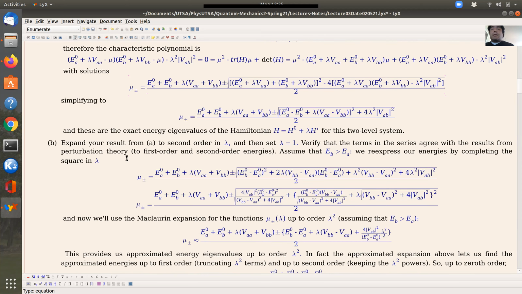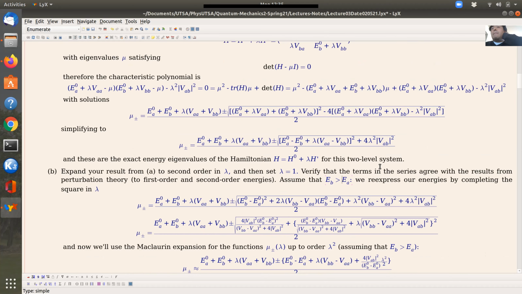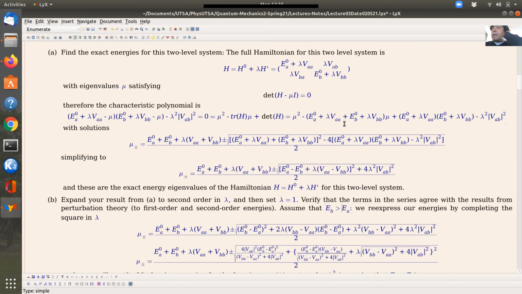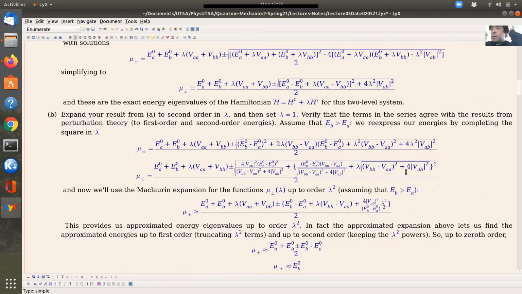So, of course, the first order and second order energies. This is what we have studied so far in perturbation theory. And of course, we're going to assume that the energies are different, so it should not be a simple identity case times a constant.